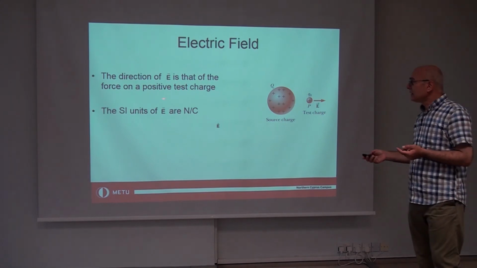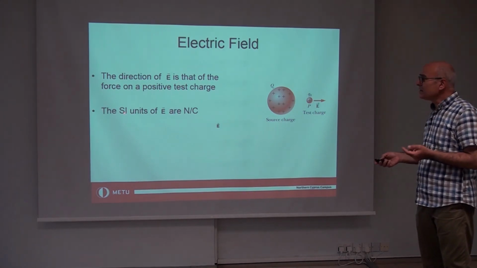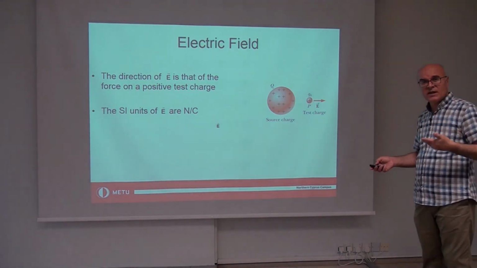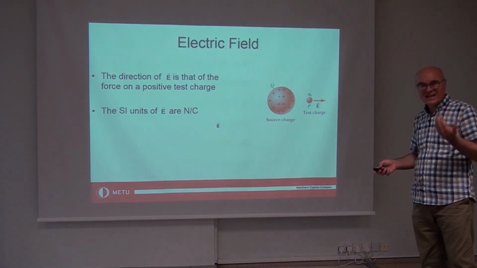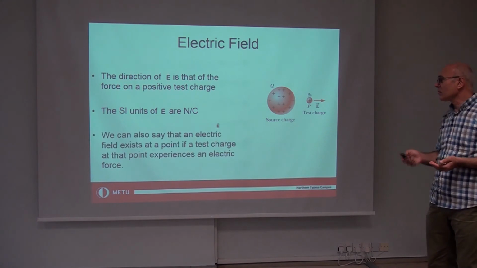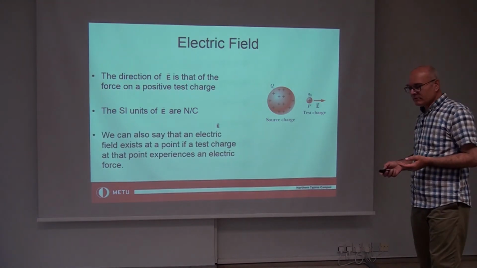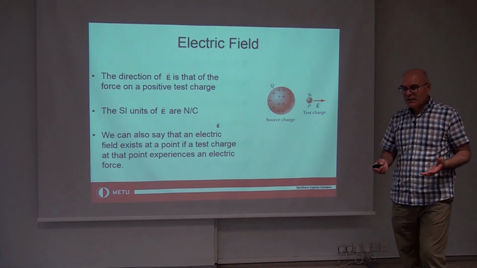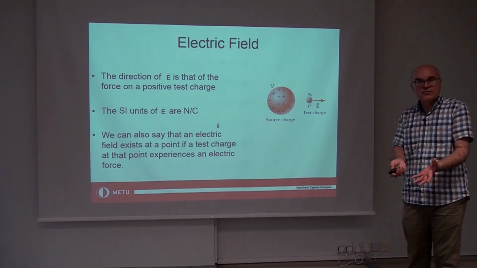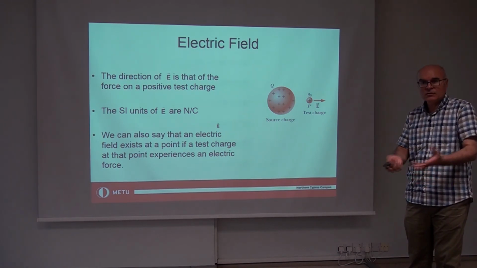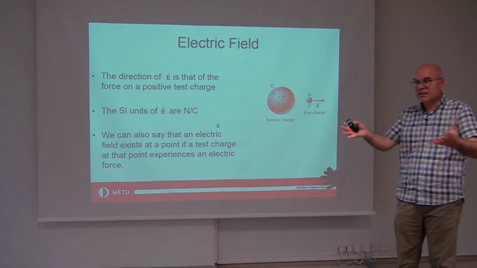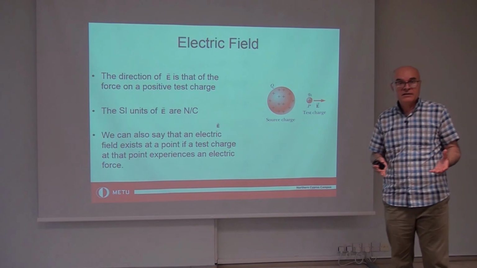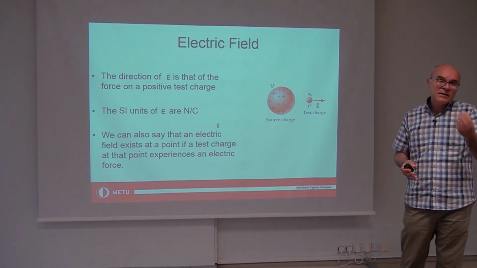Since the electric field is force divided by charge, its SI units are newtons per coulomb. Now, if you are not sure whether there is an electric field in a region, you can check it.